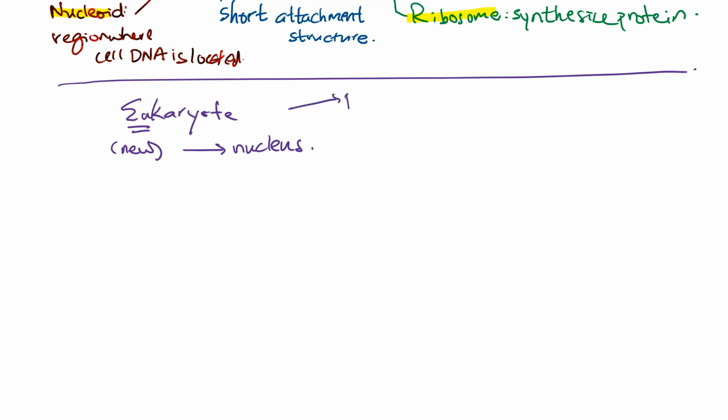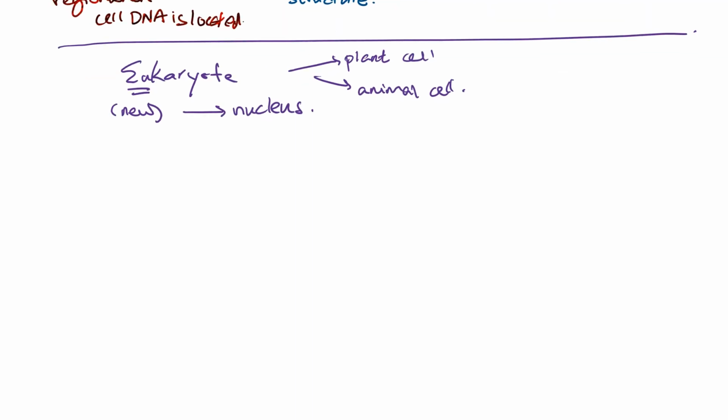Eukaryotes can be divided into plant cells or animal cells. So these are the two main cell types that we need to focus on. Of course, protists are also eukaryotes, but the cell shape and structures are not the main focus. They share similar properties, but we're going to focus on the similarities and differences of plant and animal cells. And we're going to start with an animal cell.